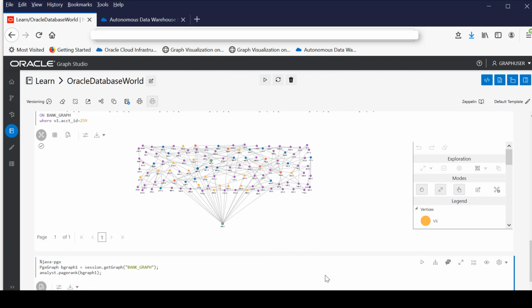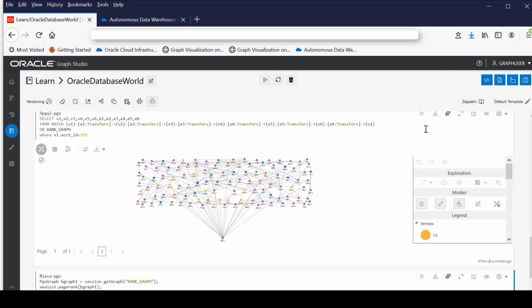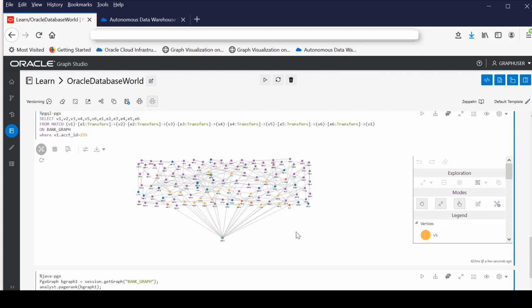And if the vertices that this vertex is connected to are important, then this vertex also will get a higher importance score. So the PageRank algorithm returns a value between 0 and 1, which becomes an additional property in the graph. So let me now go back to this query and rerun it so that the PageRank property is available with this particular visualization.